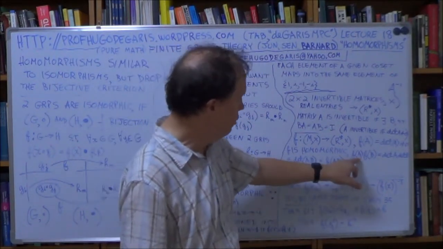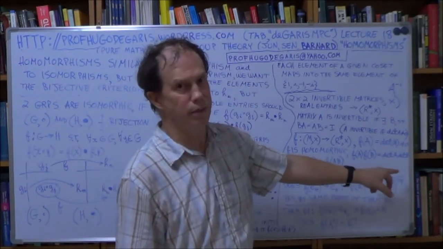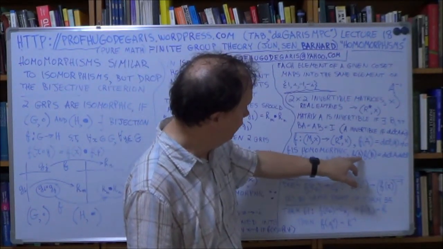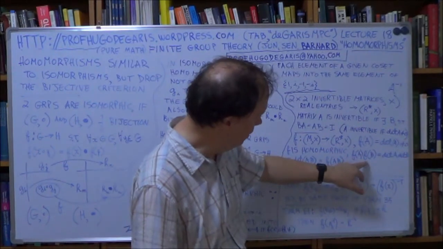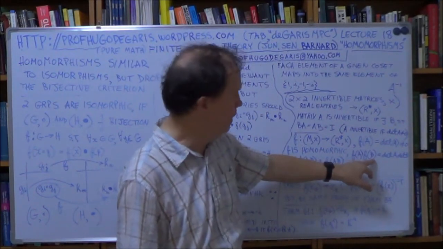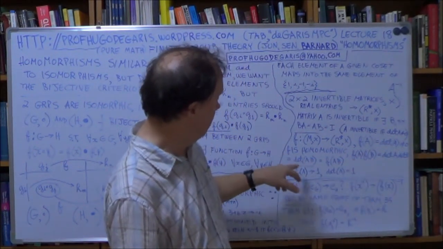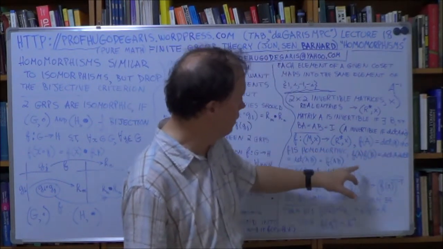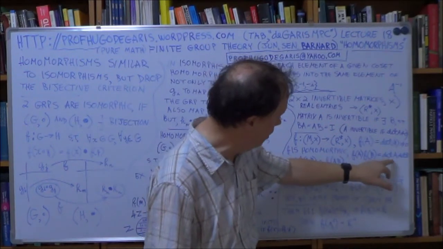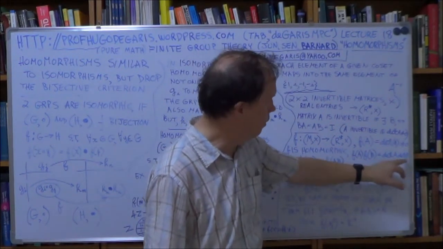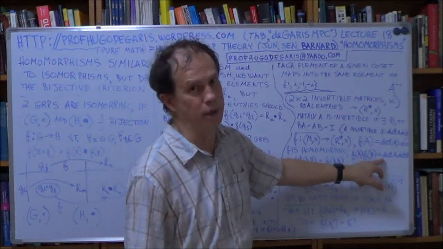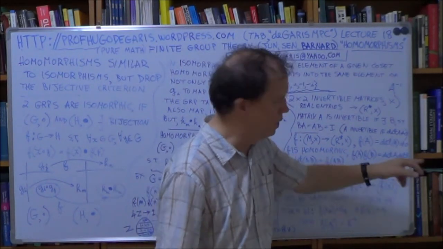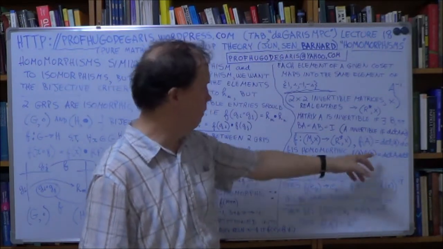We're mapping matrices into non-zero real numbers, right? So F of a matrix A times F of another matrix B. Now, given that F of A is determinant of A, F(A)F(B) will be determinant A times determinant B. Now, a determinant is just a real number. So determinant A times determinant B is just the product of two real numbers.